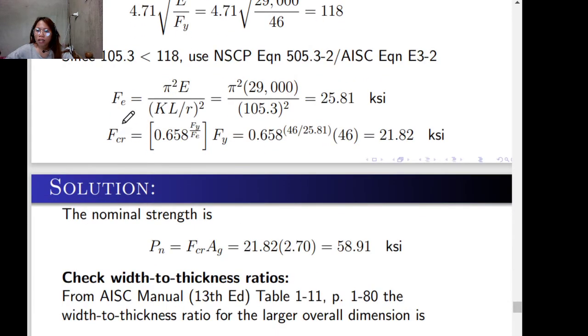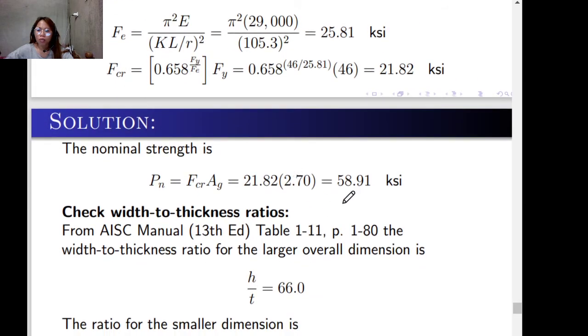Then the nominal strength is this critical buckling stress times the gross cross-sectional area equal to 2.7. So the answer for the nominal strength is 58.91 kips. This is for the global buckling.